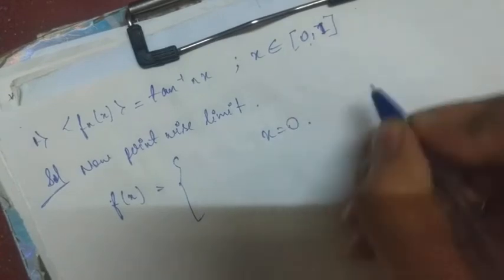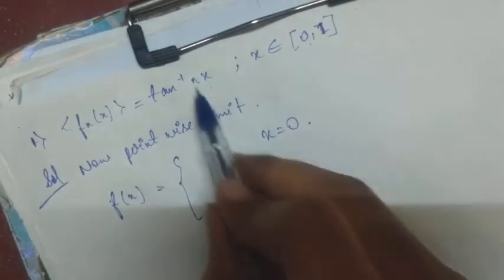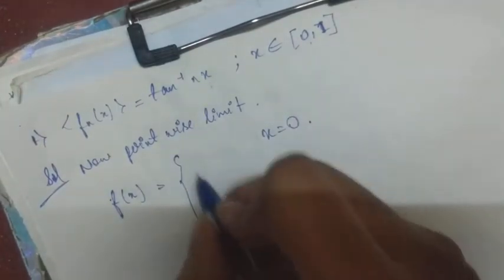When x = 0, tan inverse 0 is nothing but 0.